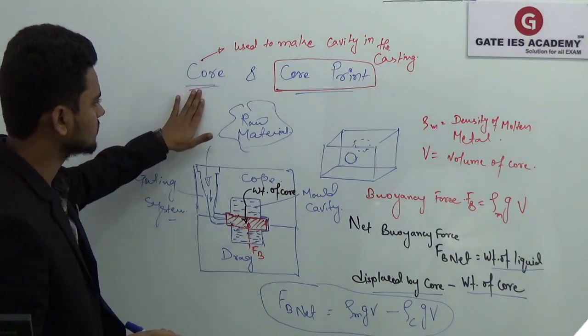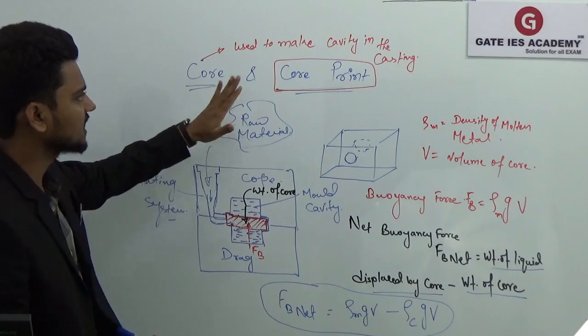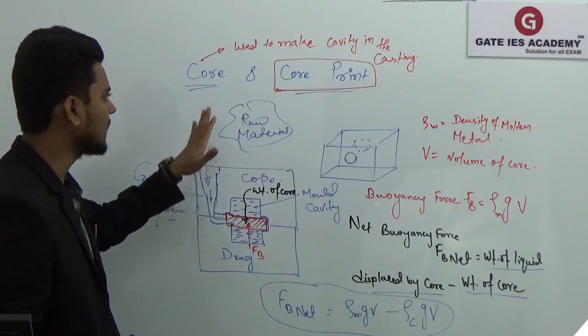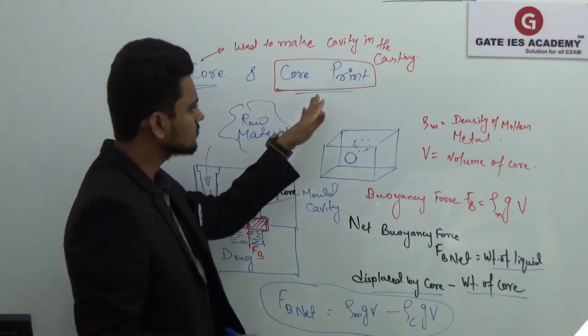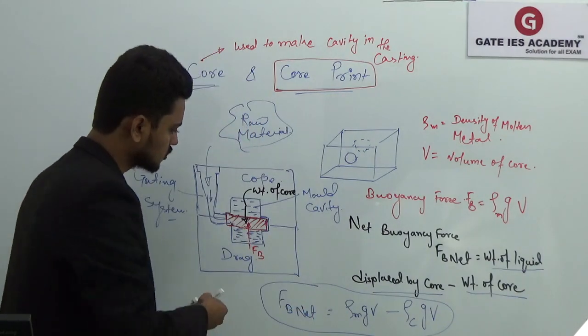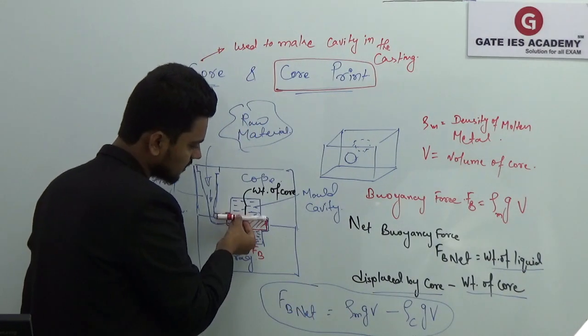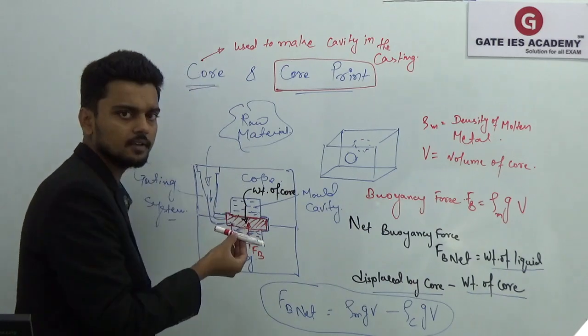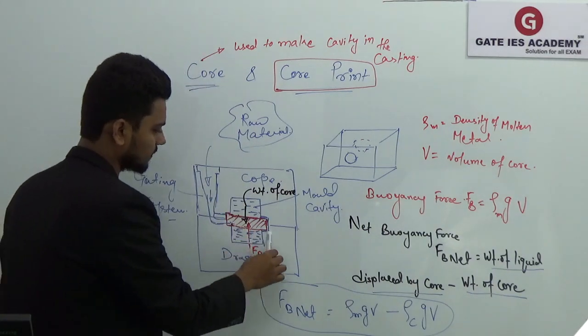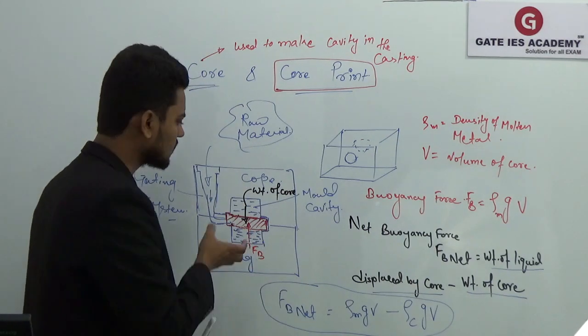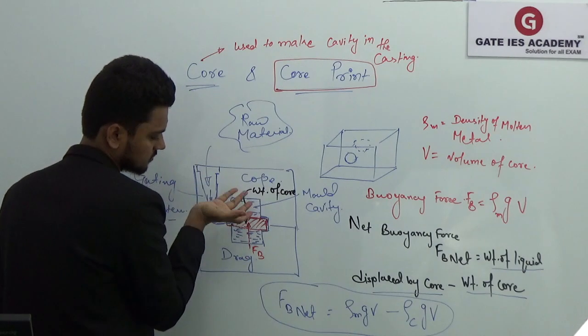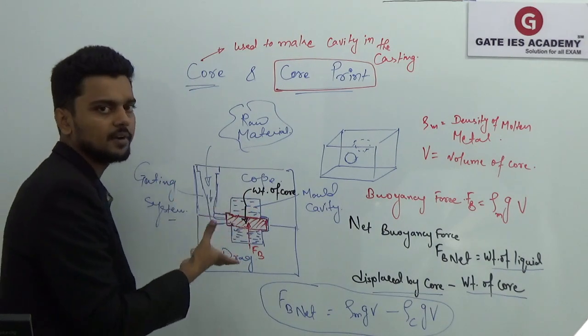Now core is used to make the cavity in the casting. It's a kind of pattern, and the core print. Now to place that core in the cavity, obviously it has to be supported. Then only it will remain in position in the cavity.